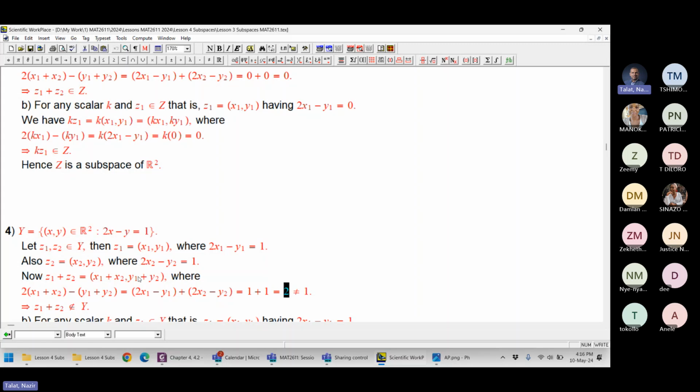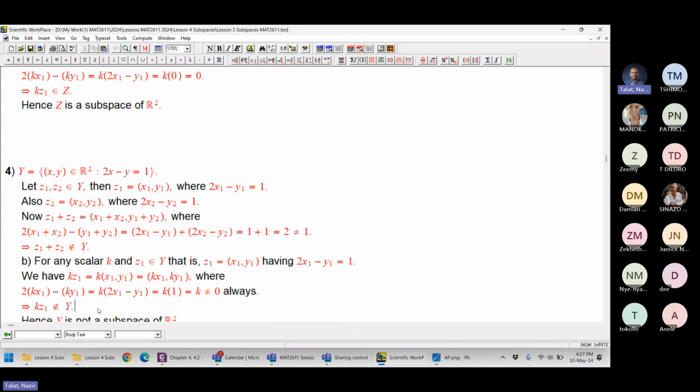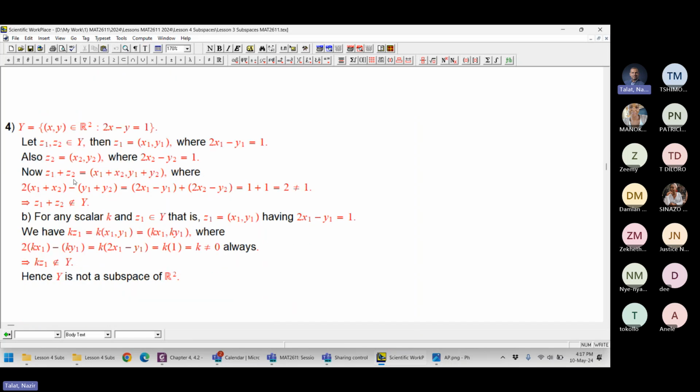So it means such a z1 plus z2 does not belong to the set Y. So the first condition does not hold. If we need to show that it's not a subspace, only one condition is sufficient. You can also check whether the second condition holds or not, but it is sufficient to show any one of them. If any one of the conditions is not satisfied, then it is sufficient to conclude that such a set Y is not a subspace of R square.